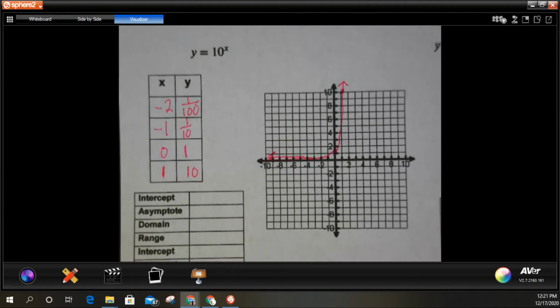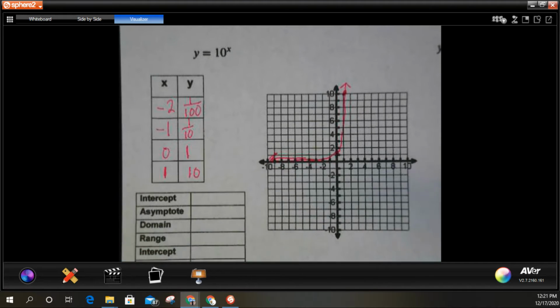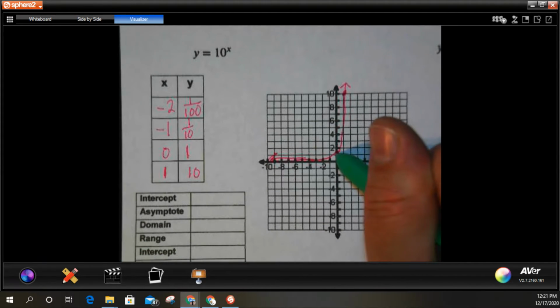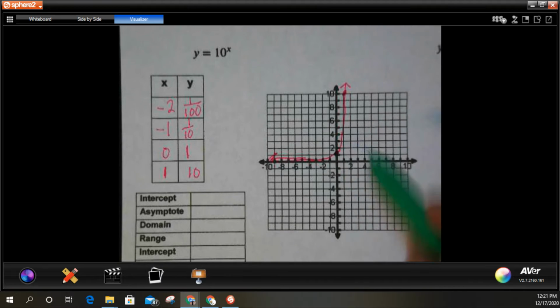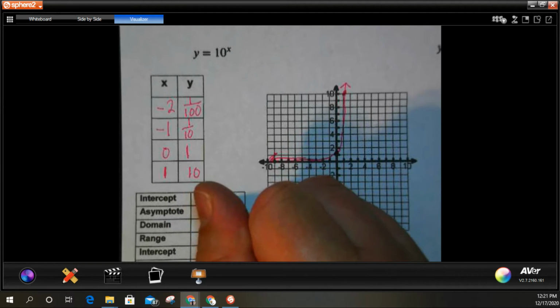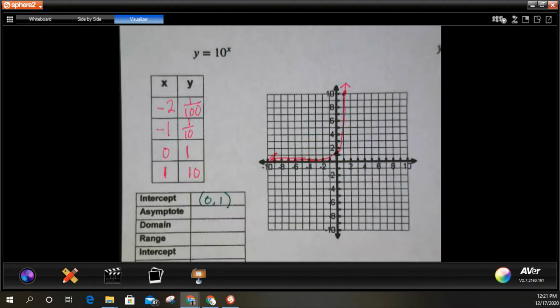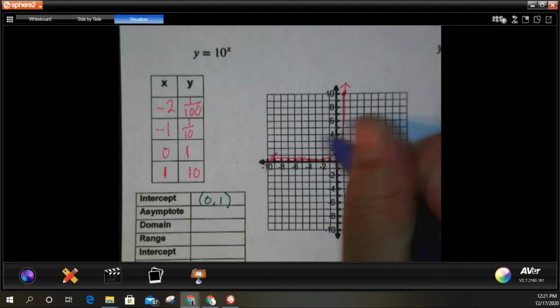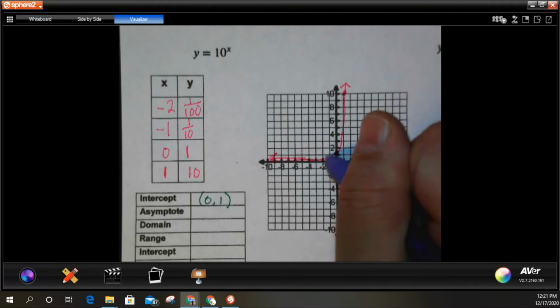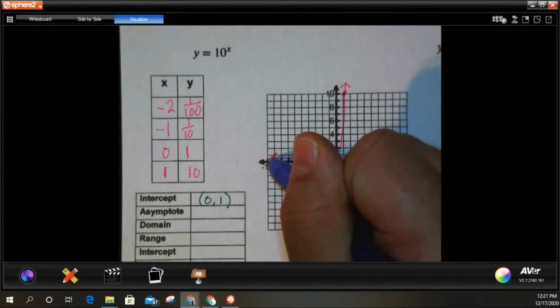Now, the y-intercept. Where does it cross my y-axis? That's at the point 0, 1. The asymptote, well, that's where it never hits. My function comes close to a line, but never touches or crosses it.